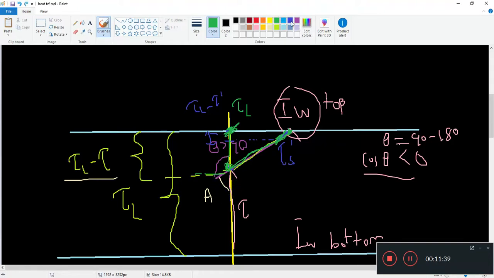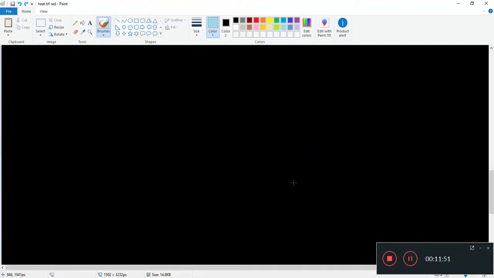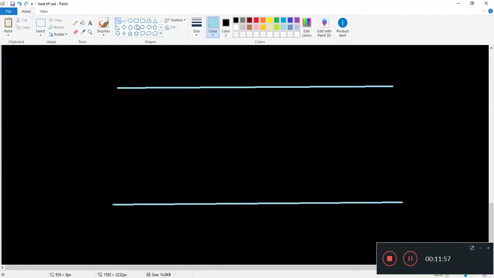Let me use a different shade. This light blue shade will do. Mu equals minus 1. This one is getting really crowded. Let me use this, two plates again. Normal vector going up.